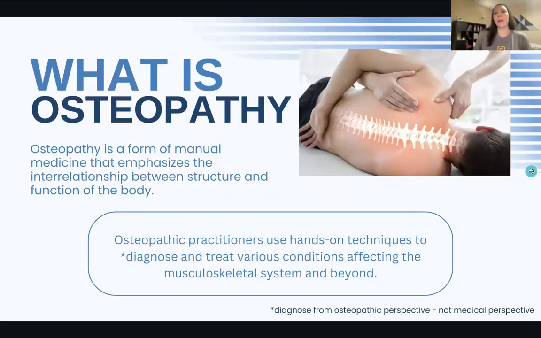What is osteopathy or osteopathy? Doesn't matter how you say it. It's interchangeable. It's like potato, potato. But osteopathy is a form of manual medicine that emphasizes the interrelationship between structure and function. It was created by Dr. Andrew Still in the United States.